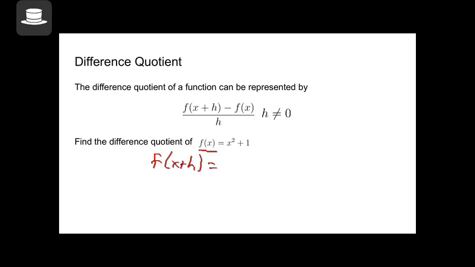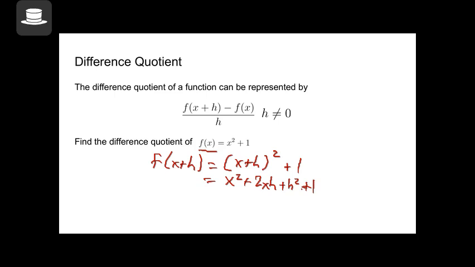And so I do that by replacing, so x plus h squared plus 1. I'm going to just go ahead and skip and show the final result of this. If you have issues on the FOILing, just refer to the previous example, but it's x squared plus 2xh plus h squared plus 1.